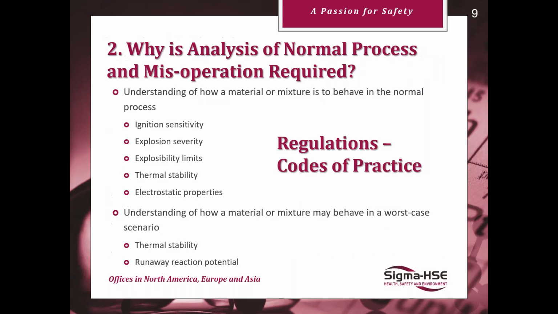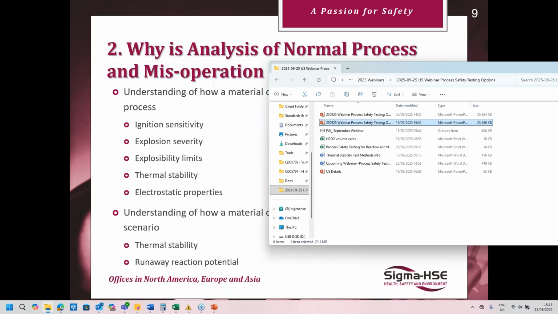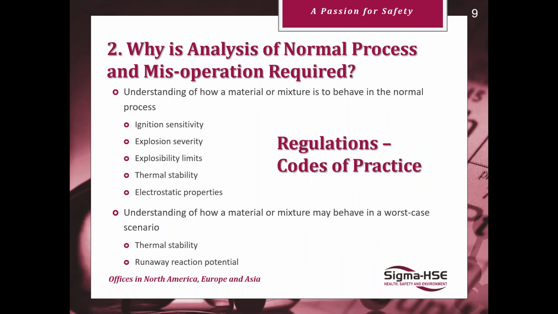So in our second chapter, why it is important for analysis of both the normal process and misoperation. So firstly, understanding how something is going to occur in the normal process. It is very important to understand the material being used fully.